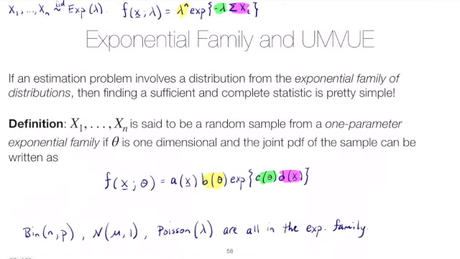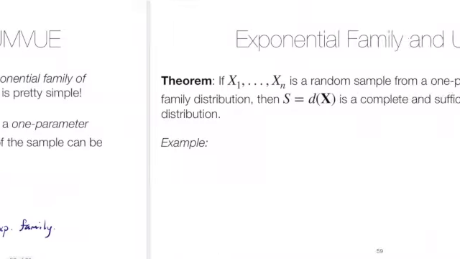So notice where the d of x shows up, right? It's e raised to some function of the parameter times a function of the data. Well, for the exponential distribution, we see that the sum of the xi's is sufficient and complete based on the theorem, right? Because this is our d of x.